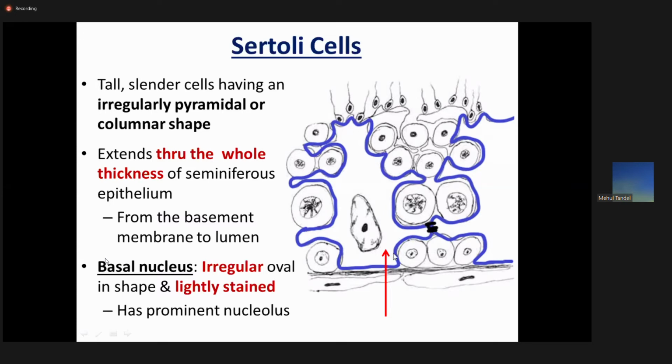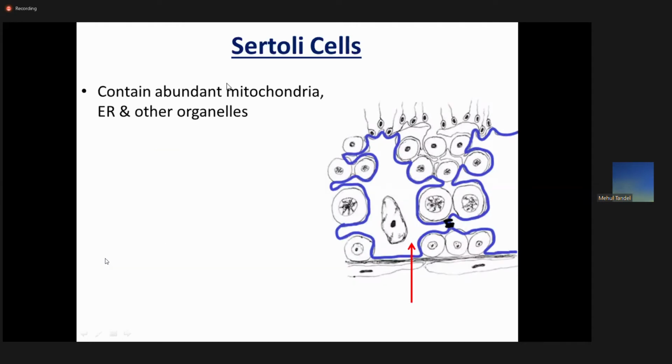So the Sertoli cell is irregular pyramidal or columnar in shape, extends throughout the whole thickness of the wall of the seminiferous tubule from the basal lamina to the lumen, and the nucleus is basal, irregular oval in shape with a prominent nucleus. It contains abundant mitochondria, endoplasmic reticulum, and other organelles.